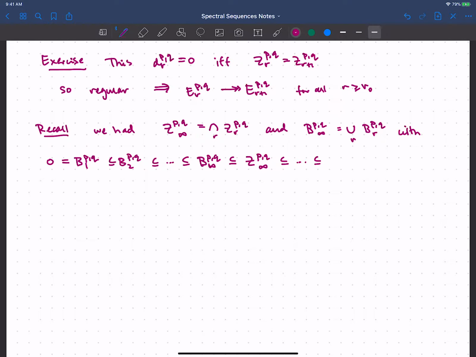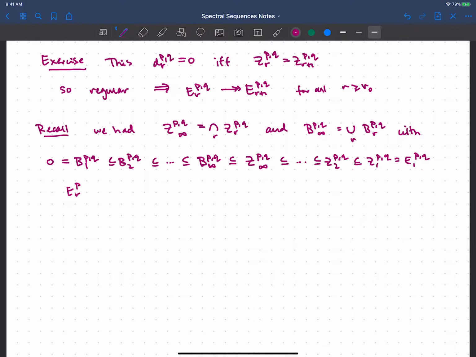So that lived inside Z_2^{p,q}, for example, which is inside Z_1^{p,q}. And this was where we started our spectral sequence. We let that be E_1^{p,q}. Okay, I guess in a general spectral sequence, you don't have to start on the E_1 page, but we could make similar definitions, so it's not so bad.